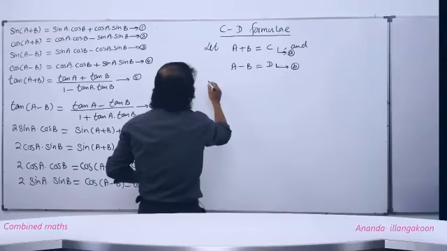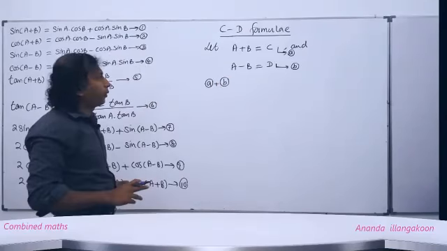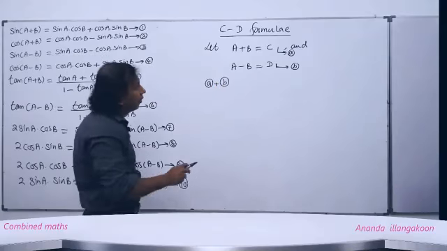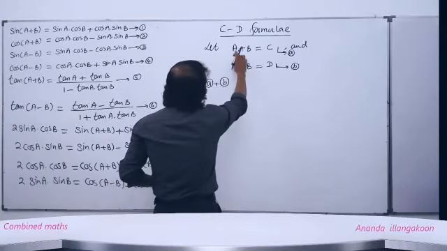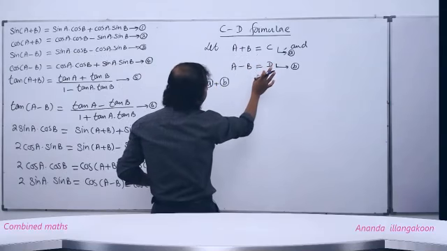Now you can write A plus B. We add A and B. What do you get then? This B and this minus B, we can cancel once we add them up.